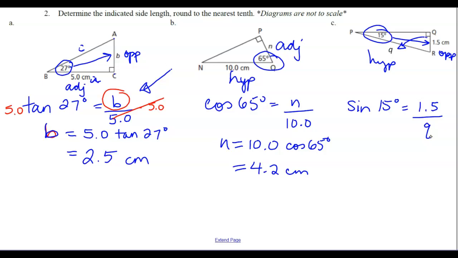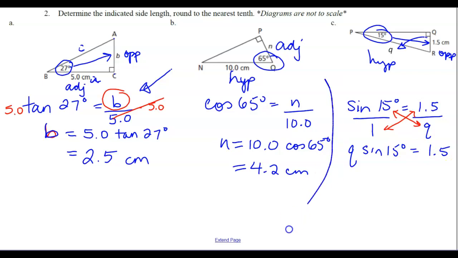So different from the last two. So in order to get q out of the denominator, you can think about cross multiplying. Put this over 1. And so when we do the cross product, we will get q times sine of 15 equals 1.5. Okay, because 1 times anything is 1.5.